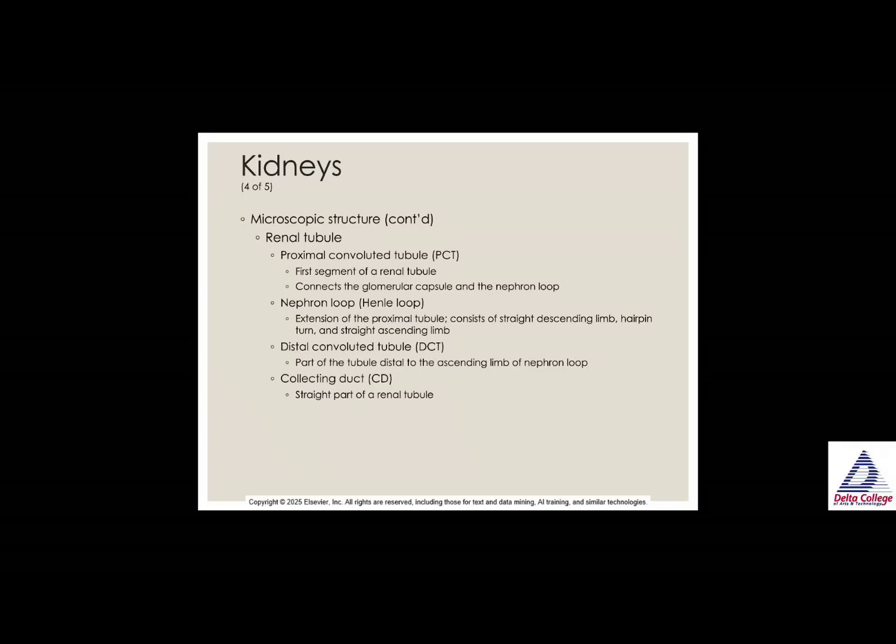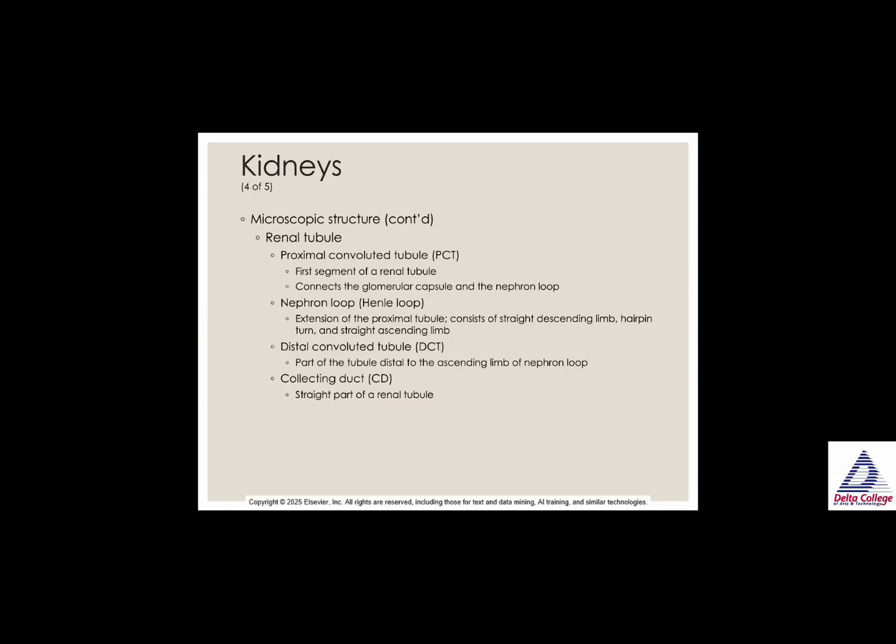This is an extension of the proximal tubule that consists of a straight descending limb, a hairpin turn, and a straight ascending limb. So they're just this little loop in there. Then it goes down into the distal convoluted tubule, the DCT, which is the part of the tubule distal to the ascending limb of the nephron loop. That goes down into the collecting duct, which is the straight part of a renal tubule.